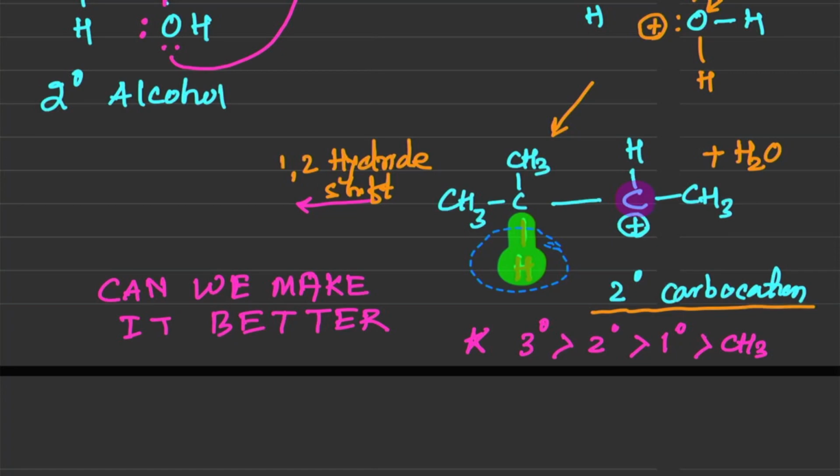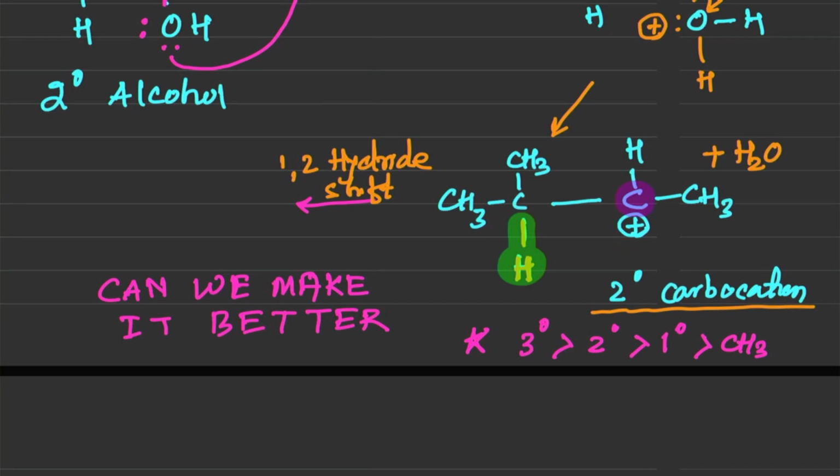Again, you start with the hydride. If you don't have hydrogens, then you move a methyl next. And maybe if you don't have a methyl, then you move a chain to make the ring stable. So always check if you have a hydrogen on the carbon atom next to the carbocation, and move that.